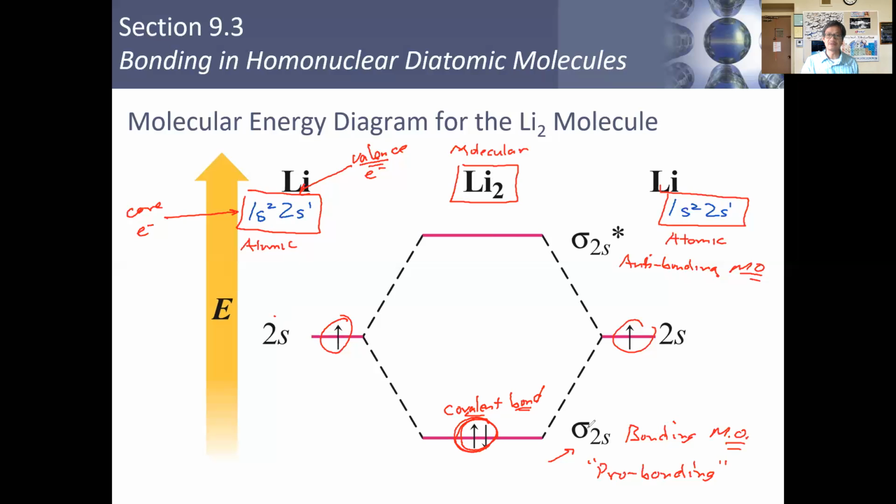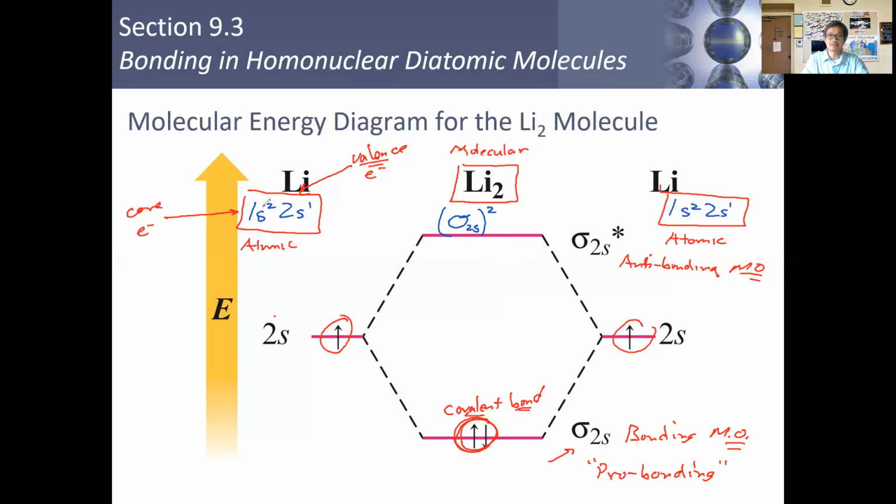We're only considering the sigma bonding molecular orbitals, and so the electron configuration for the lithium molecule is simply going to be sigma, and not sigma star. Sigma formed from the 2s, not from the 1s. Convention sometimes will have you put parentheses around it and a 2 here to represent these two electrons.